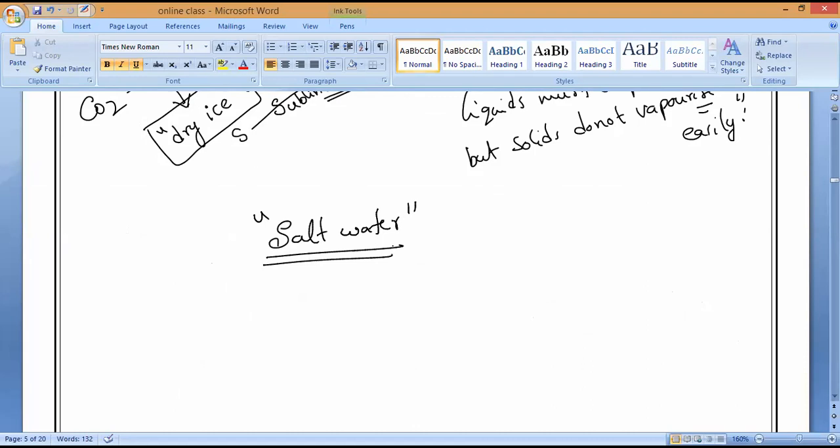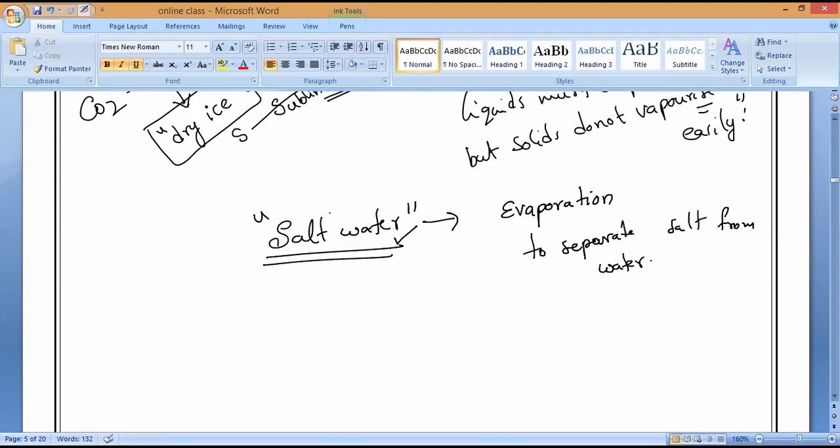So which technique do we have to use? We have to use evaporation to separate salt from water. Here water can evaporate, but salt is a solid which does not vaporize easily.